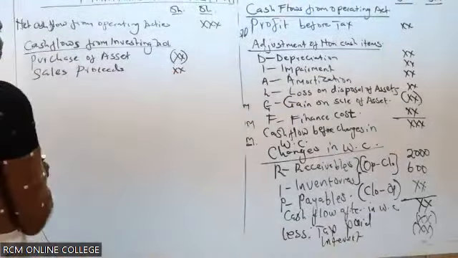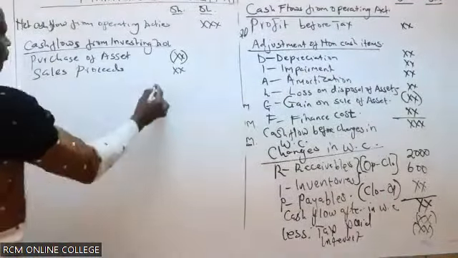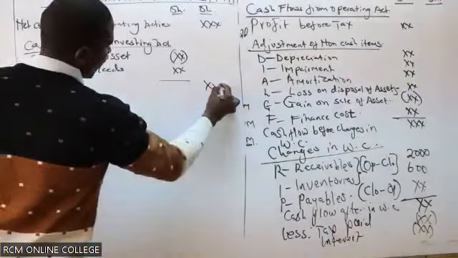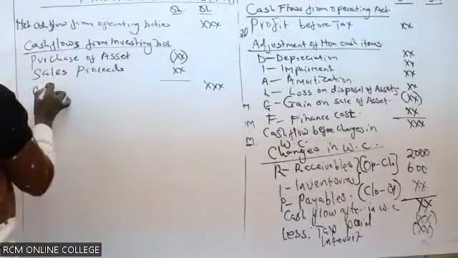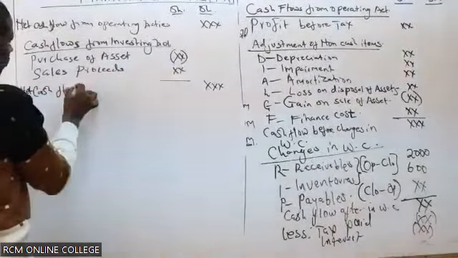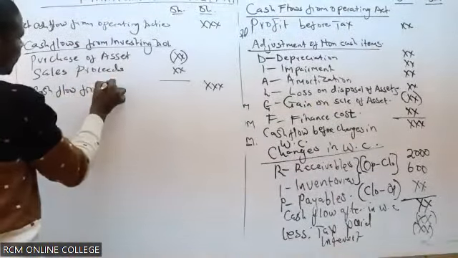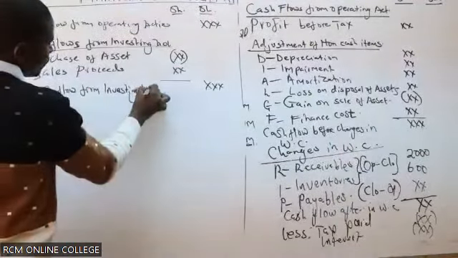Our assets, our cash may increase, and so on. Then you can have your total there. You can call it net cash flow from investing activities.